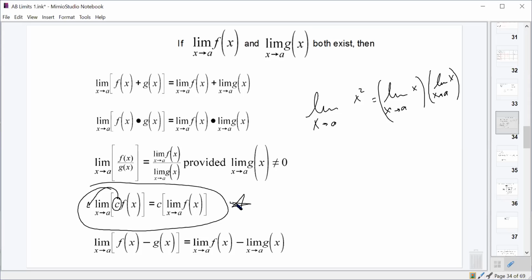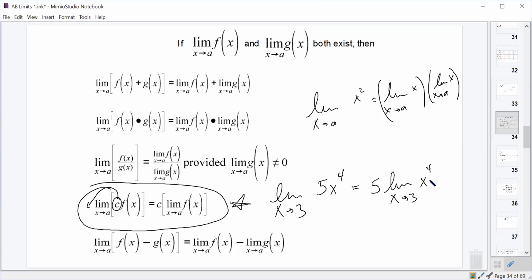So let's see here. If I had something like the limit as x approaches 3 of 5x to the 4th power, if I wanted to, and there's no real reason to for this particular one because I could just plug in 3. But if I wanted to, I could take that constant and take it out in front of the limit and rewrite this as 5 times the limit as x approaches 3 of x to the 4th.